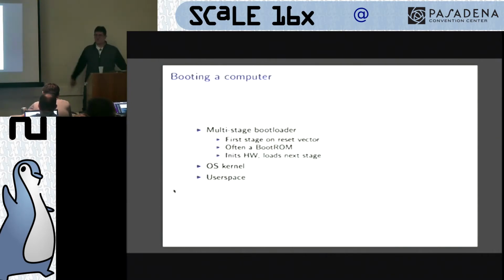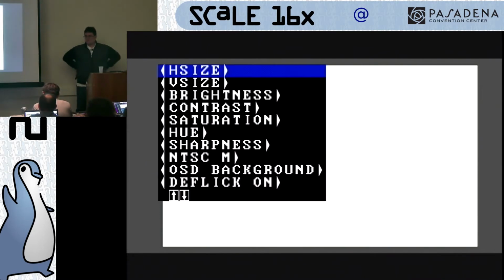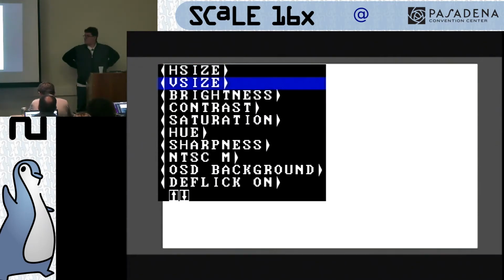So I wanted to start with a slide about booting a computer. Basically, what happens when you turn on the device on your desk is that there's some sort of power sequencing happening in the CPU, but then the CPU has to end up somewhere in memory, which is called the reset vector, and in that place there has to be some initial code. This will be your first stage bootloader.